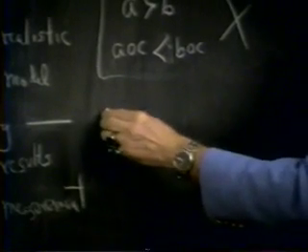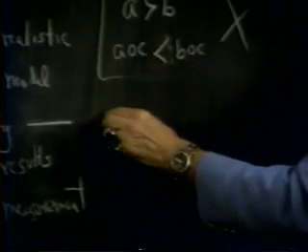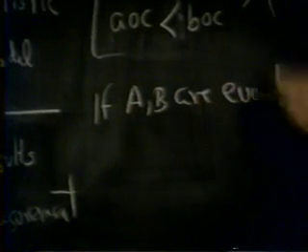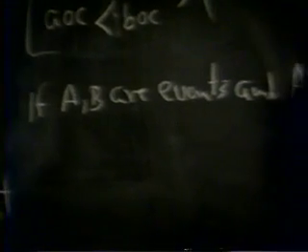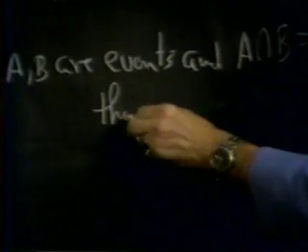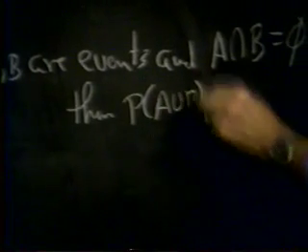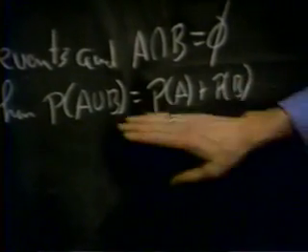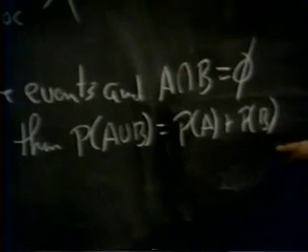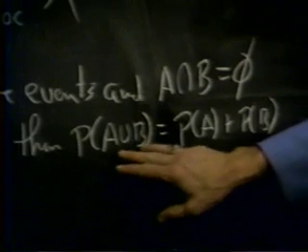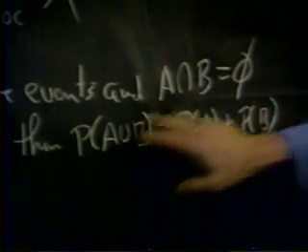And one of the properties of probability, and we're going to go into this in some detail in the lectures on probability, is that if capital A and capital B are events, and A intersect B is disjoint, then the probability of A union B is the probability of A plus the probability of B. This is the well-known additivity property of probability. And you see that you have additivity, but you don't have additivity for an arbitrary union of events. It's only for the union of disjoint events.